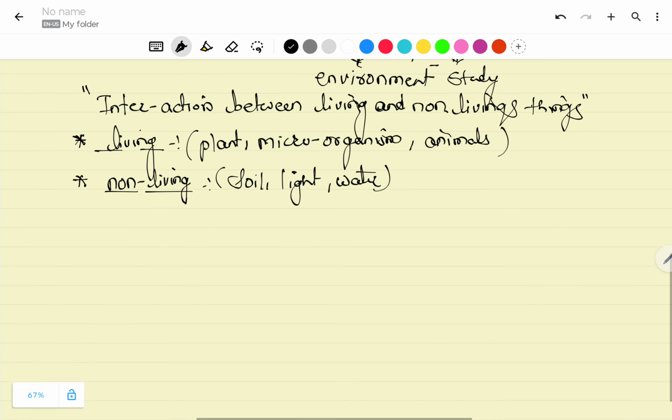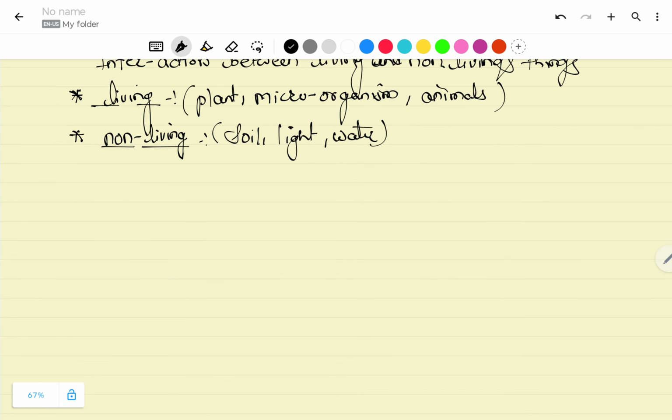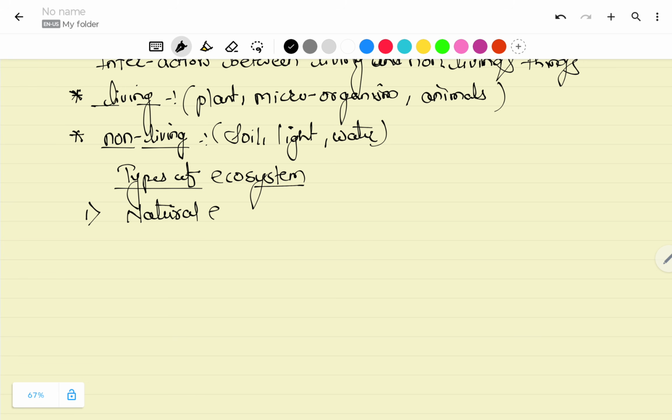Now the ecosystem is basically of two types. The first type is the natural ecosystem.